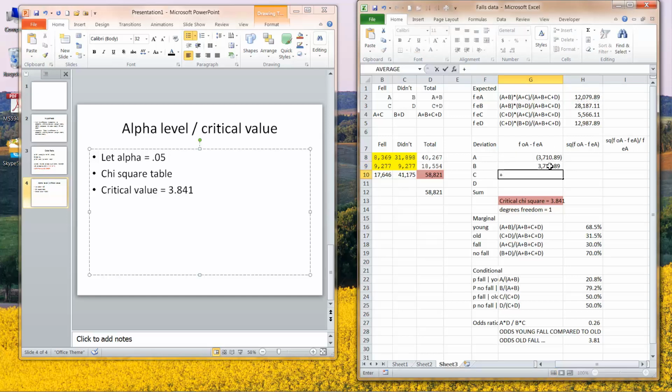Note that they cancel out. Observed C minus expected. Observed D minus expected.